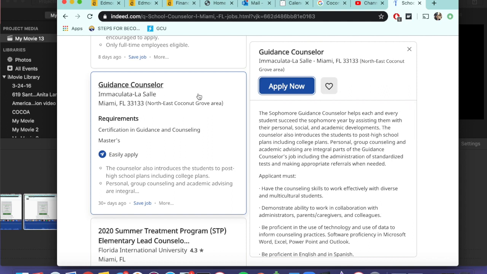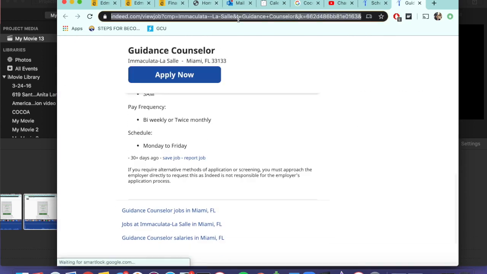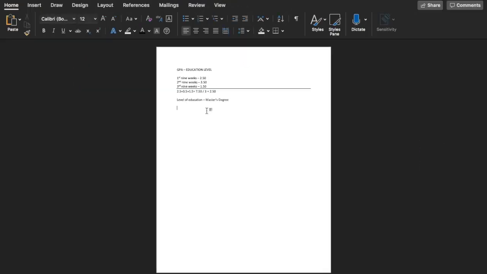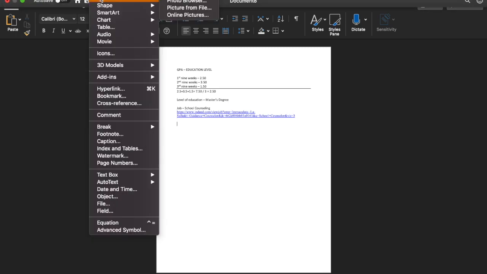I'm going to screenshot the guidance counselor position and see if I can open the link in a new tab so I can share the link. Okay, perfect. I'm going to copy and paste the link. Job is school counseling, and here's the link of the job, and here is the picture.